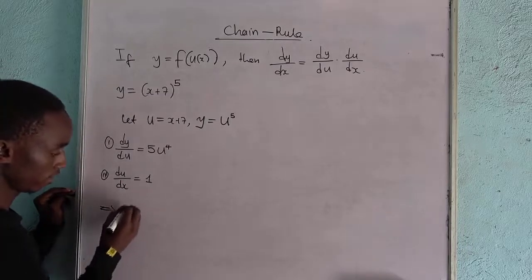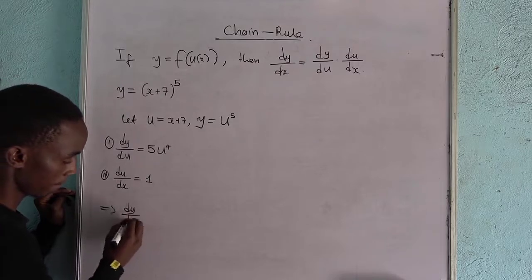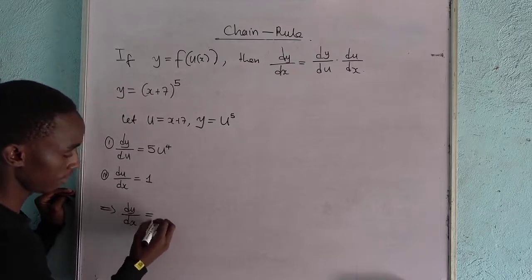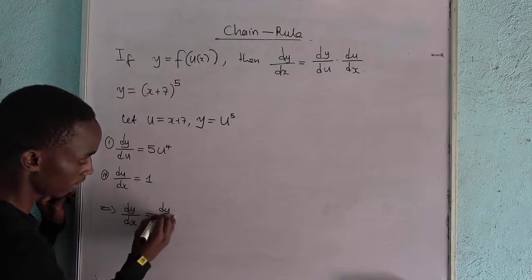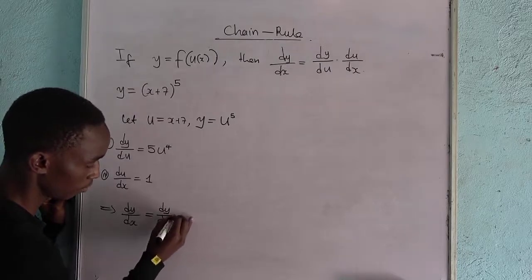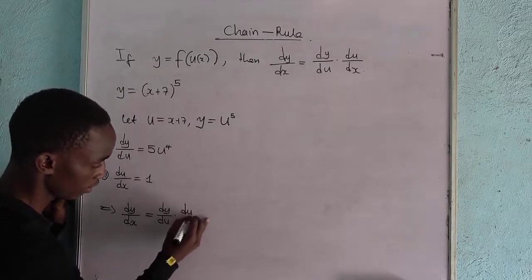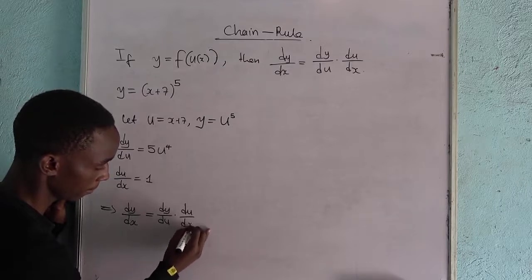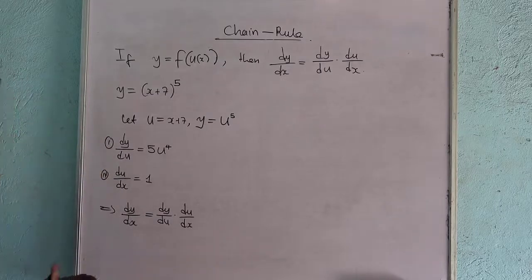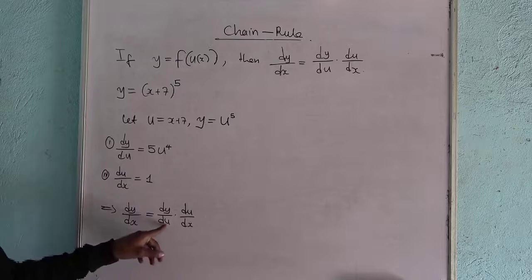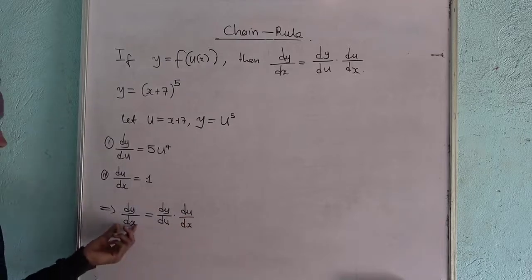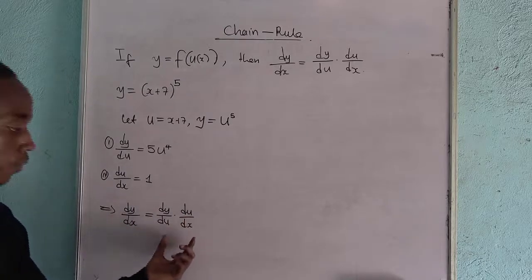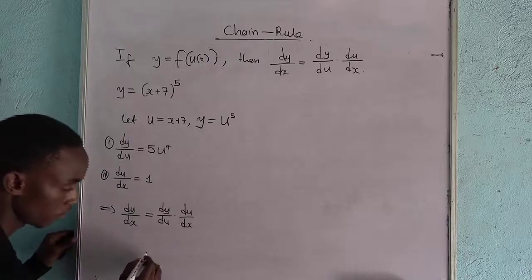Now dy/dx will be equal to dy/du multiplied with du/dx, so that if we cancel out this and that, it gives us back what we have here. So let us substitute what we have there and see what we end up having.